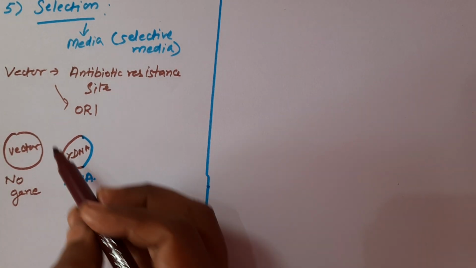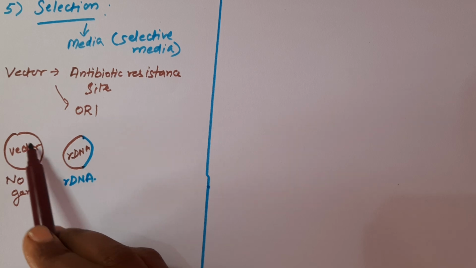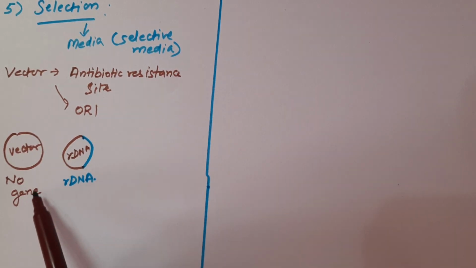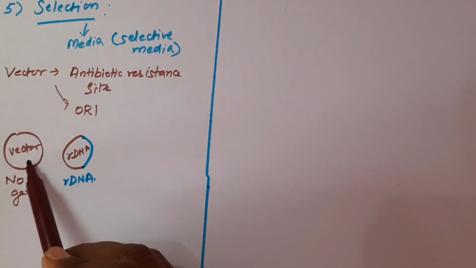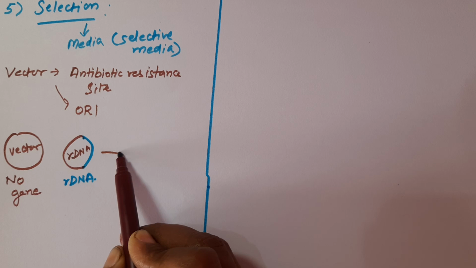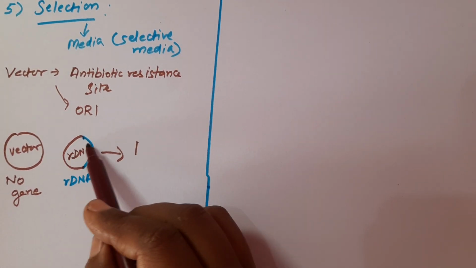Now what will happen? Sometimes the vector will join itself only, and recombinant DNA, of course. Now both of these structures will have antibiotic resistance. So sometimes even these colonies will survive.